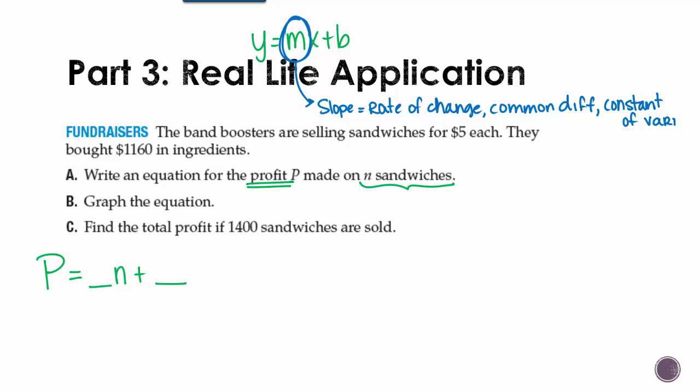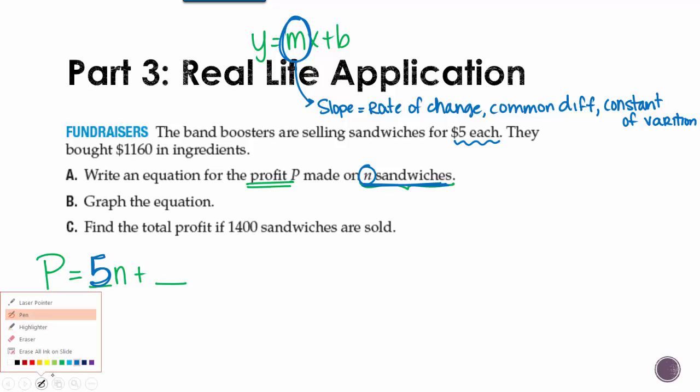So think about what that means in this equation. What is the thing that is changing? If you look here, it's going to be the number of sandwiches. And the number of sandwiches are going to cost us $5 each. So we're going to make $5 for every sandwich we buy.